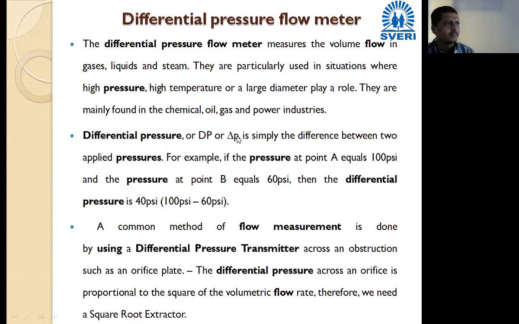Differential pressure, or dP or delta P, is simply the difference between two applied pressures.